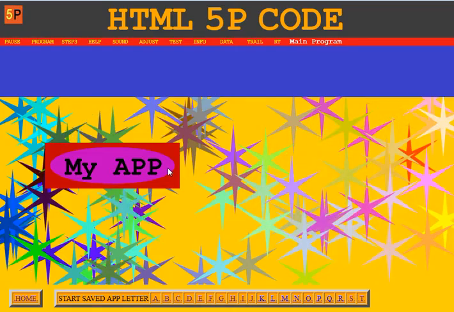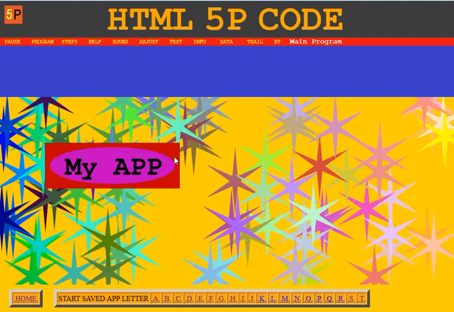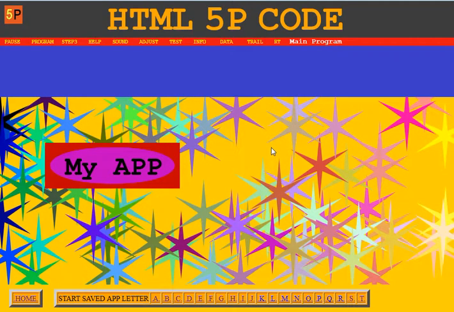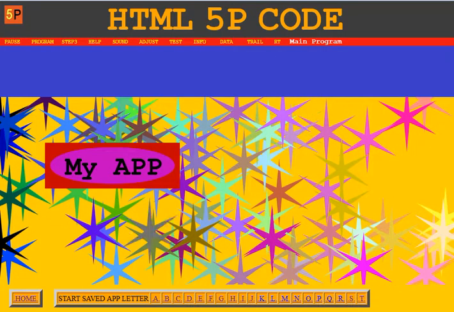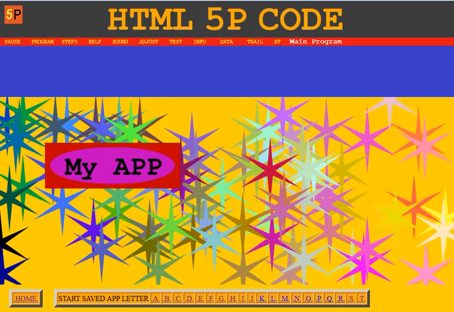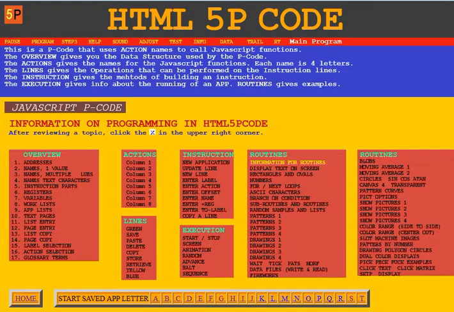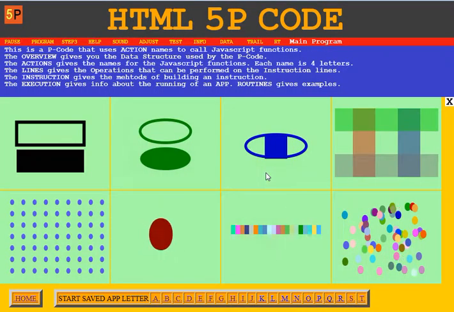Now if I execute our program, right, it has the stars, and then it writes my app on top of it. Alright, what we'll do now is we'll go find ourselves another routine, but not from the place called Routines, but the application called Trail. Here is the Trail program. It also has lots of things that you can copy.